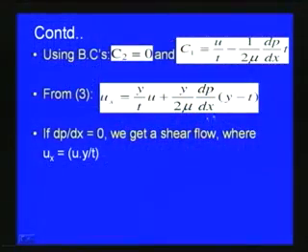In this particular case, if dp by dx is equal to 0, we get a so-called shear flow, where we can just write ux equal to u into y by t. This typical case where the pressure gradient is 0 is called a shear flow. This is a special case of this. This Couette flow which we considered has a number of applications.